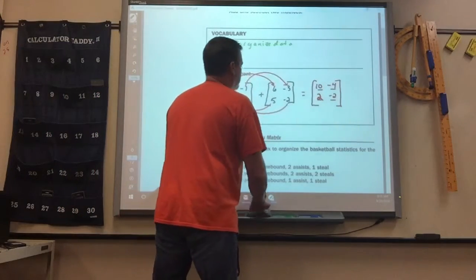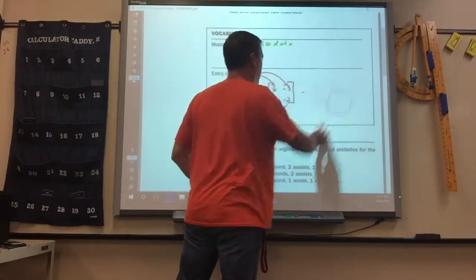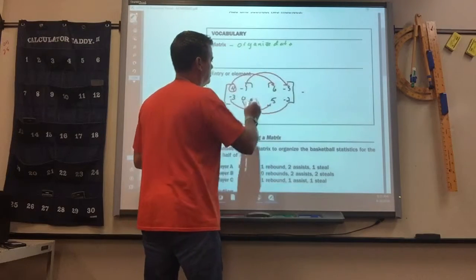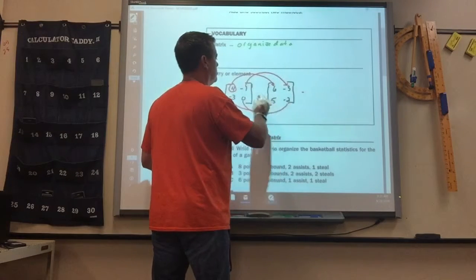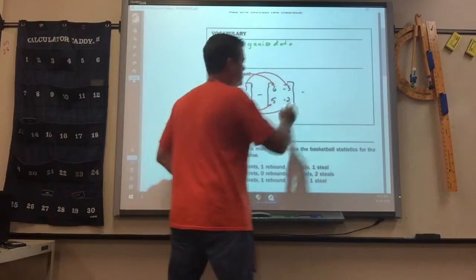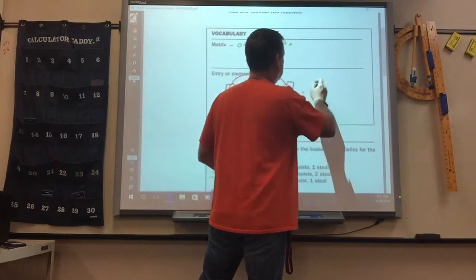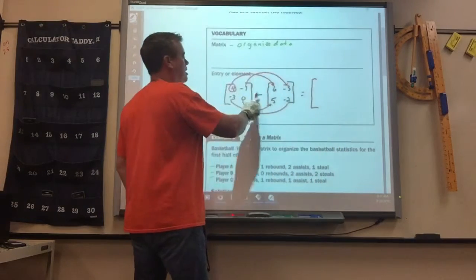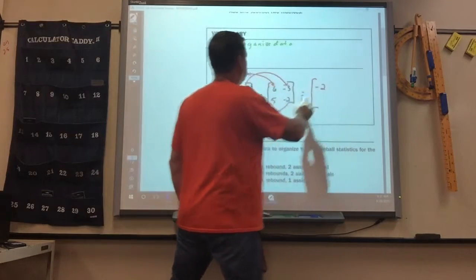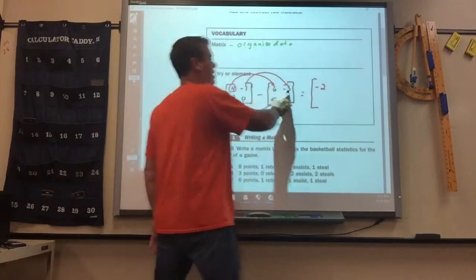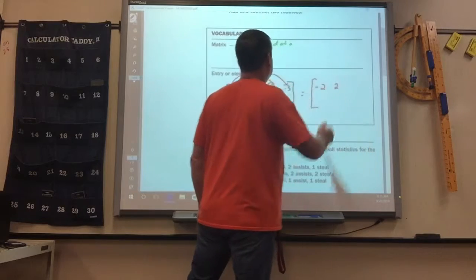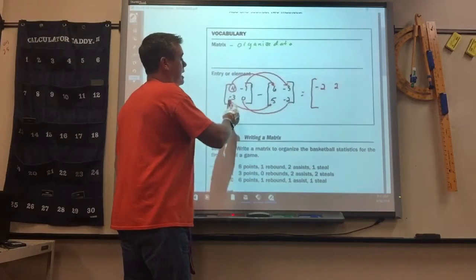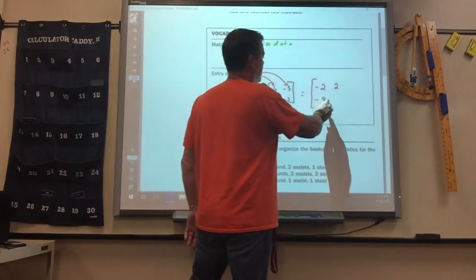So if I change this to a subtract problem, 4, take away 6 is negative 2. Negative 1, take away negative 3 is positive 2. Negative 3, take away 5 is negative 8.